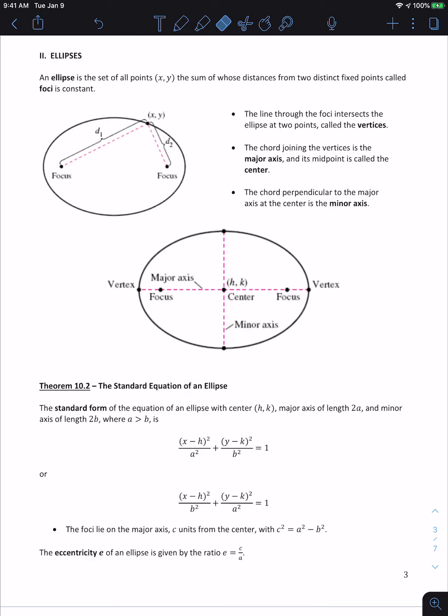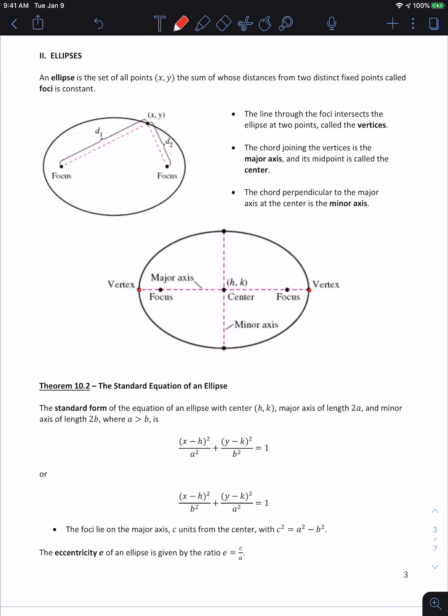The line through the foci intersects the ellipse at 2 points called the vertices. So the vertices are those points that are on the actual ellipse, on the same line that the foci are on.